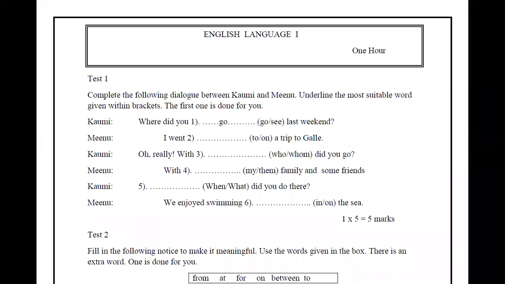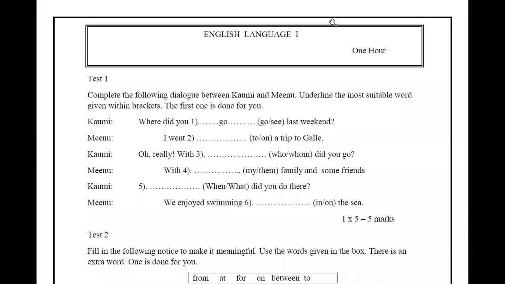Unfortunately, that word is given as an example. So what we have to do is move forward and fill the rest of the 5 blanks. Now Meenu is answering, I went blank a trip to golf.